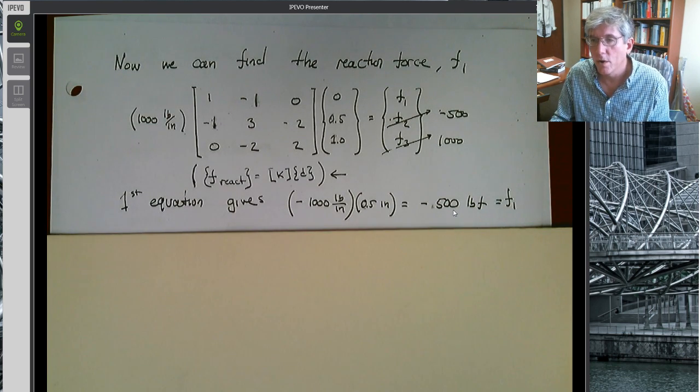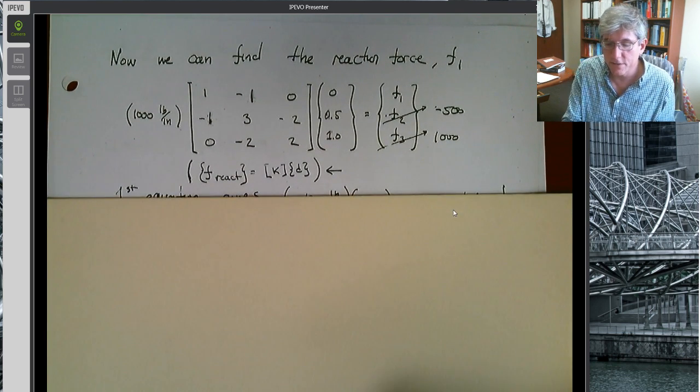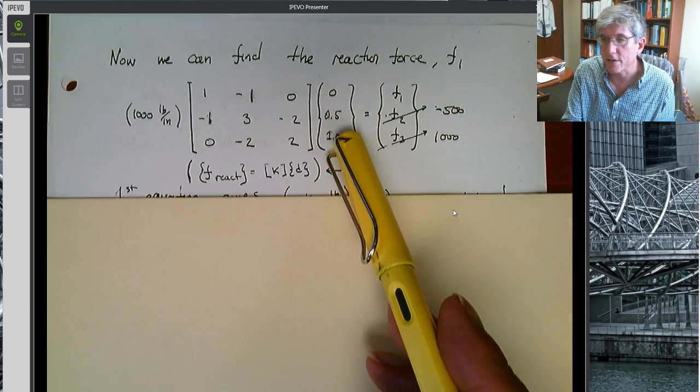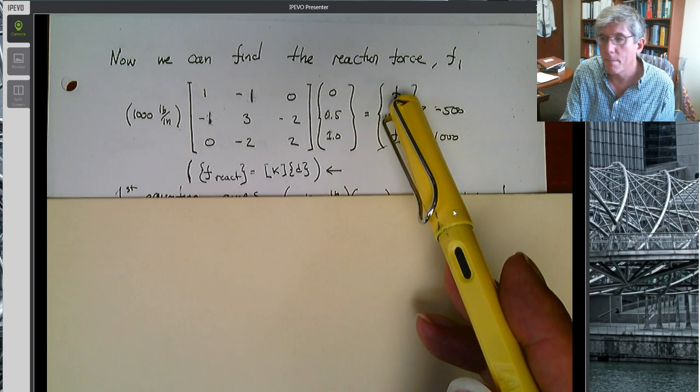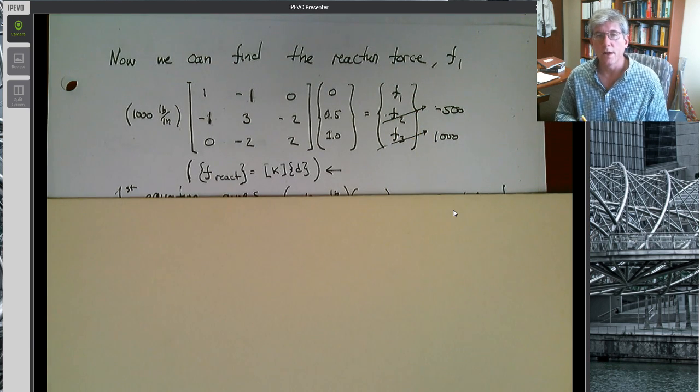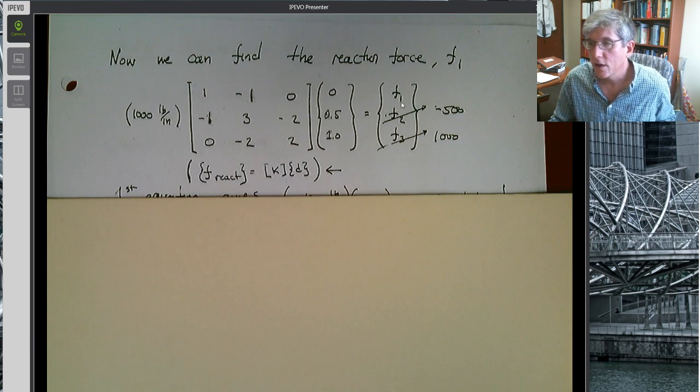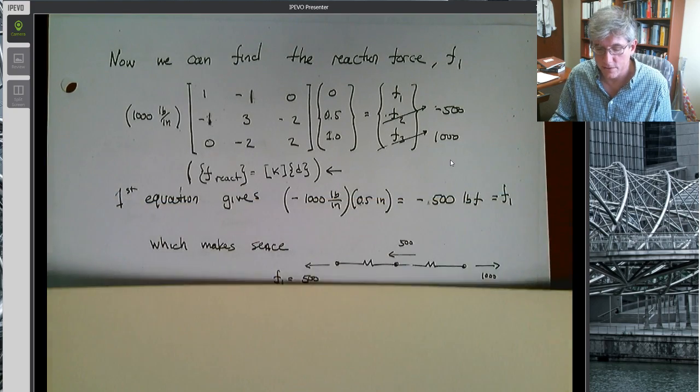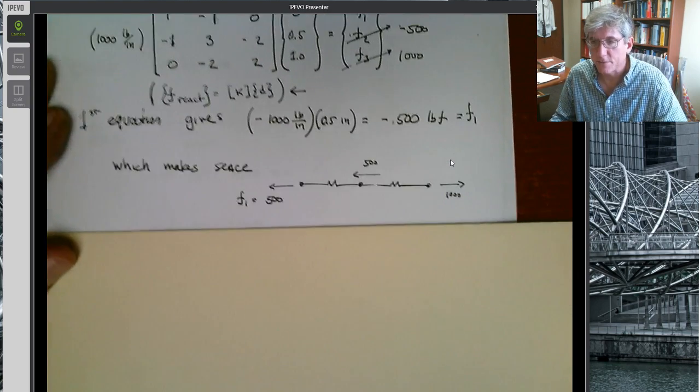So if you take this stiffness matrix and multiply it by this vector, you'll get minus 500 here, minus 500, and 1,000. You can see that we recover the reaction force at F1 as well as checking equilibrium at the second and third nodes.